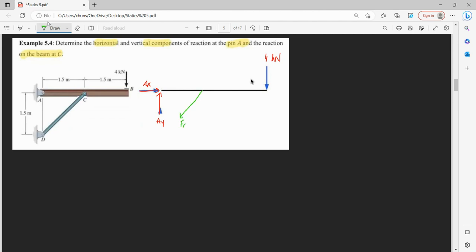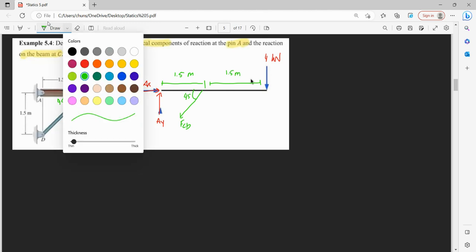And this is FCD. And this is at an angle of 45 degrees, right? Because we have even sides in our X and Y direction. So this is 45 degrees. And this acts at 1.5 meters. Okay.